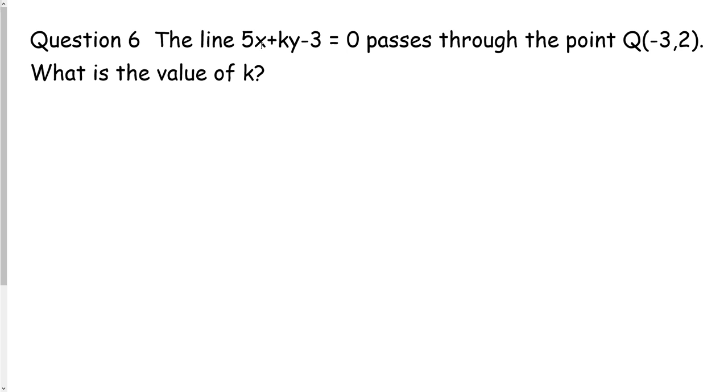All right, so notice you've got 3 different variables in here, and you are given a point, negative 3, 2, and every point is an x and a y. It's a coordinate with an x and a y. So use your negative 3 for x and your 2 for y in the equation.